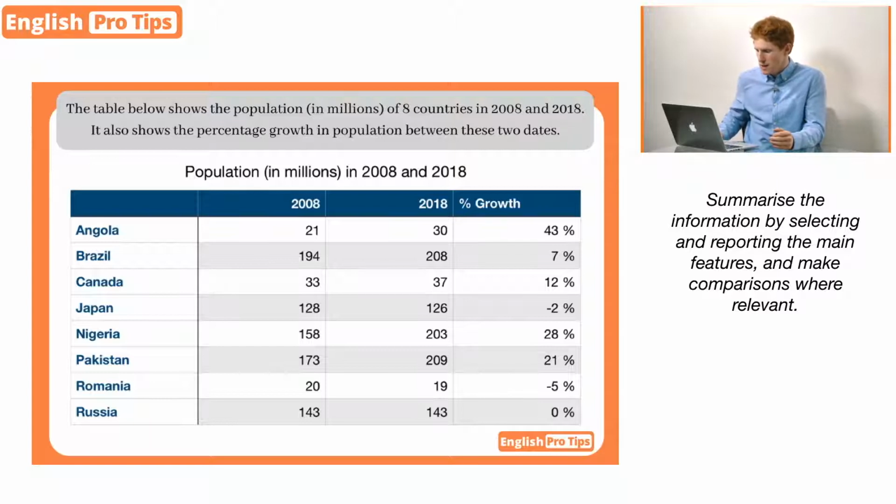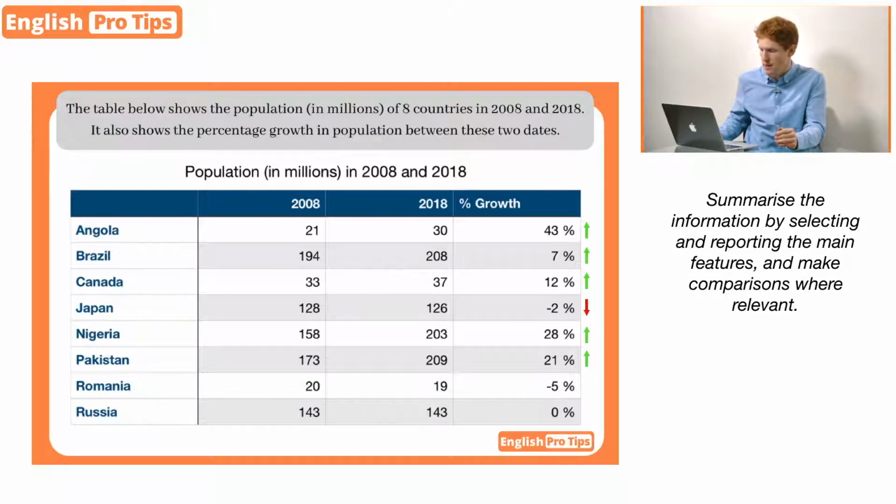So we can see that we have the percentage growth between 2008 and 2018, and we have 8 different countries. So looking at Angola, we can see that between 2008 and 2018, their population increased. Likewise with Brazil, also Canada. In Japan, the population decreased between 2008 and 2018. In Nigeria, it increased.